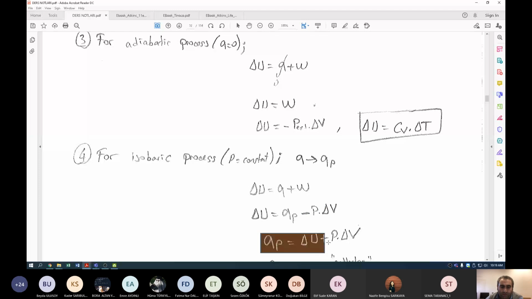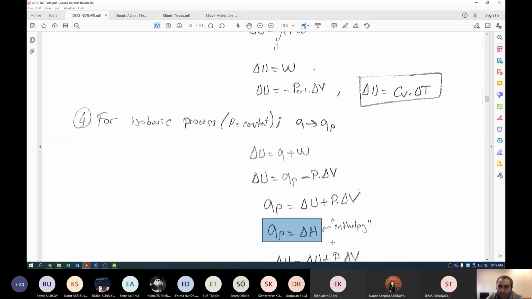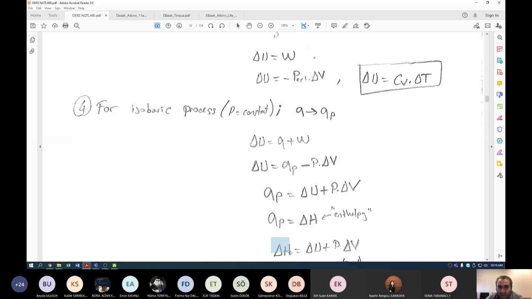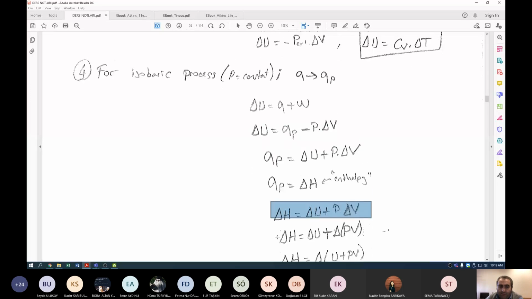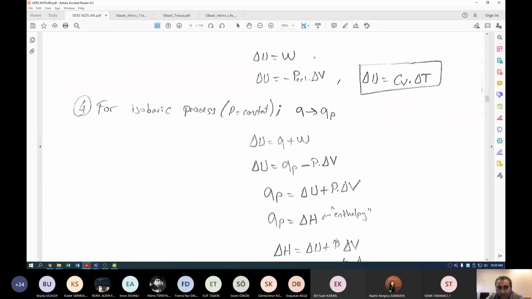QP becomes delta U plus P delta V, and then we define QP as enthalpy. Okay, and delta H becomes delta U plus P delta V, and so H becomes U plus PV. Okay, so this is how we derive the enthalpy of the system.